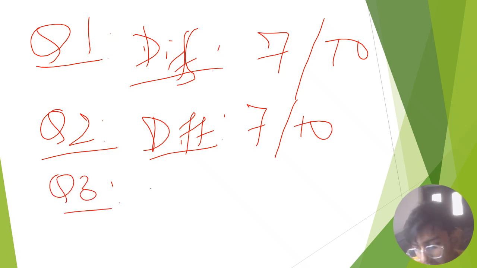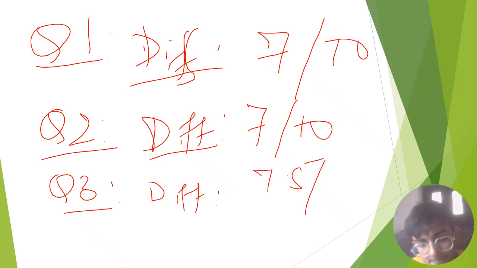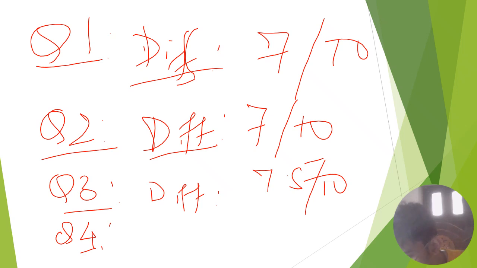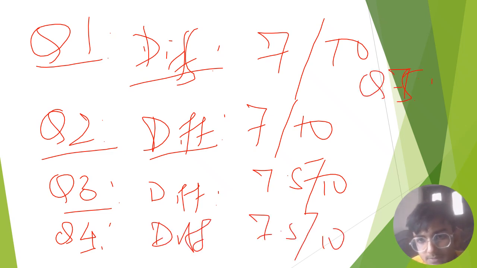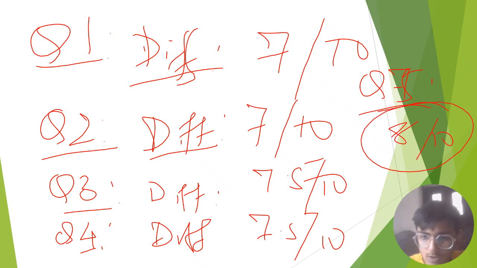Question 3, difficulty will be 7.5 on 10. Question number 4, difficulty will be 7.5. All are in the range of 7 only. And question number 5 which we have taken, 8 on 10. Overall the difficulty is 7.5. Good quality questions we have taken.